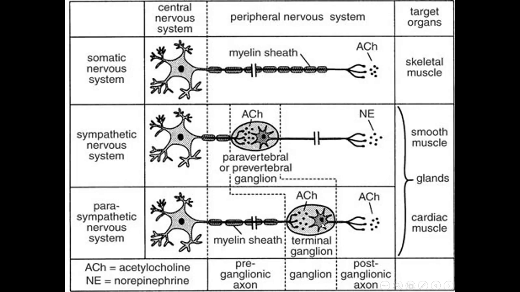This synapse is axodendritic, and the postganglionic neuron axon is unmyelinated and releases acetylcholine from its terminal dendrites onto the smooth muscle, glands, and cardiac muscle.